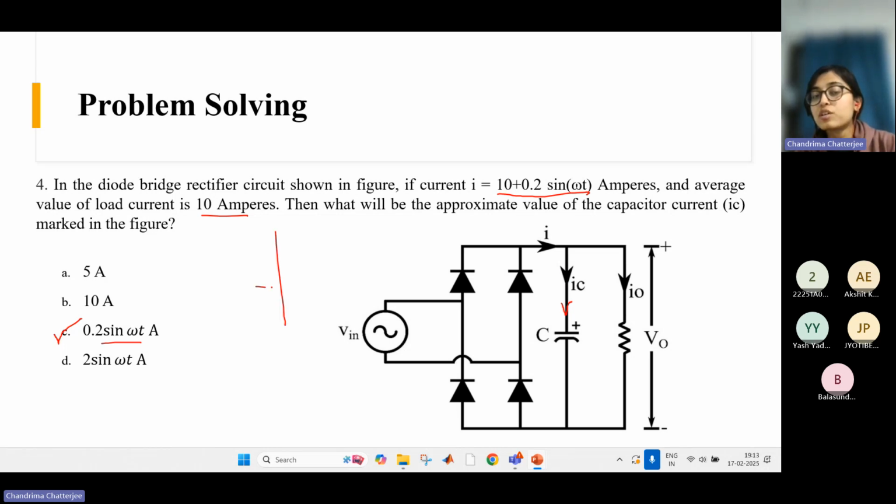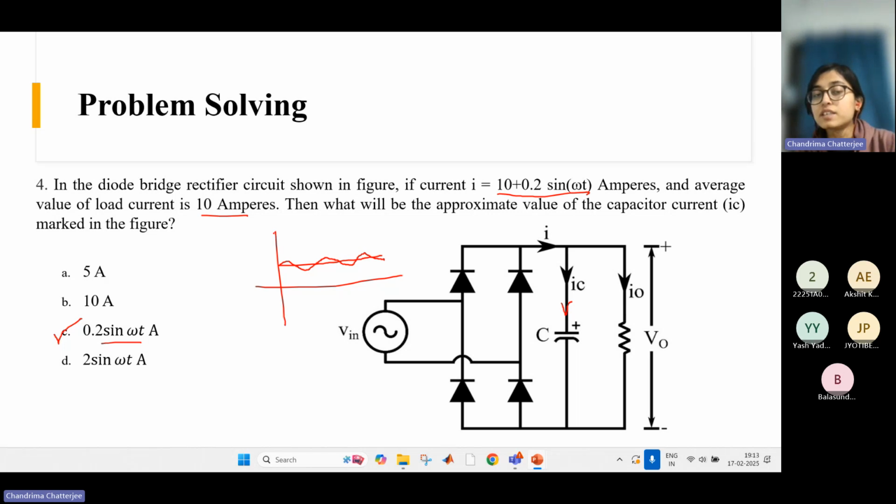So suppose the waveform is what? There is this pure DC, suppose this value is 10, and over this there is some small amount of sine quantity, right? This is the total current. So obviously this DC portion will flow through the load, and this small AC portion will flow through the capacitor, right?